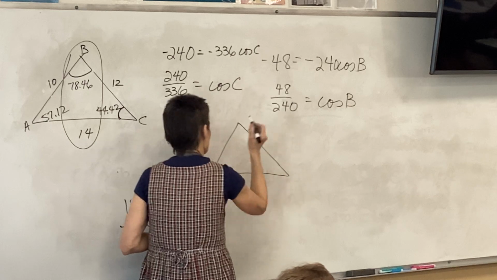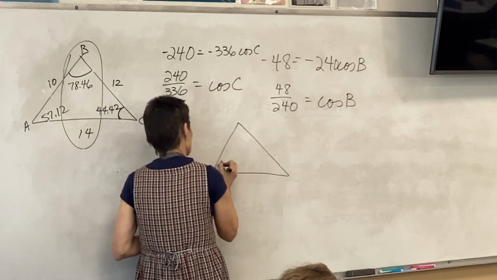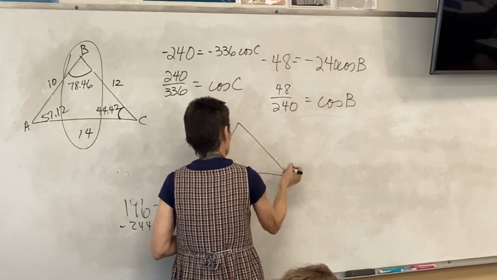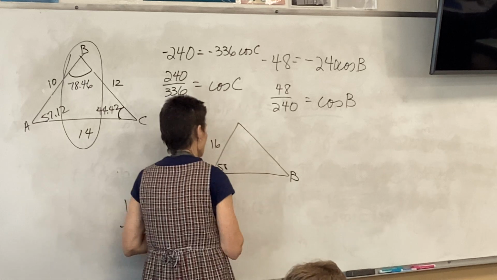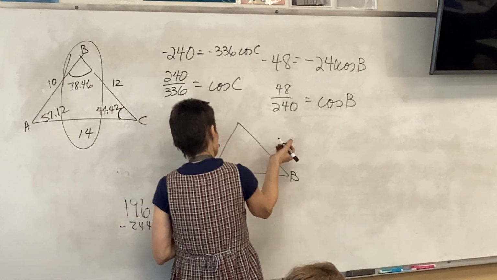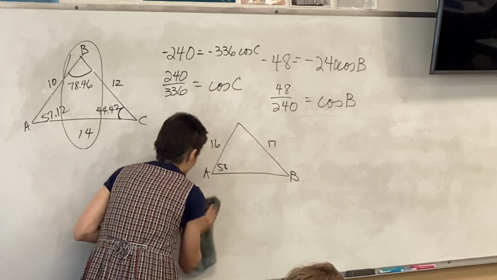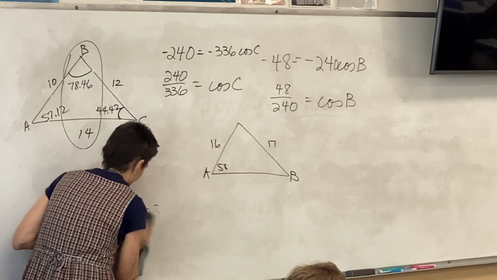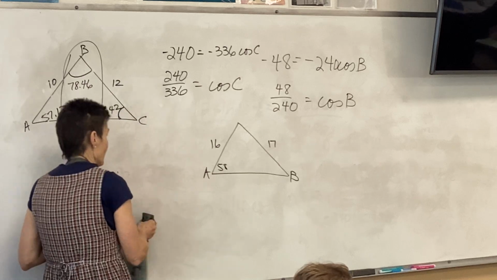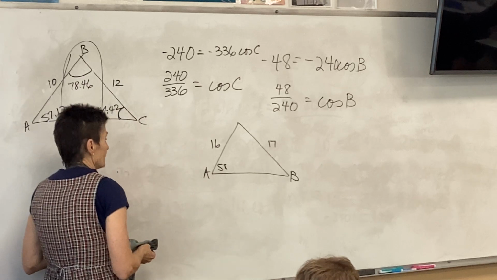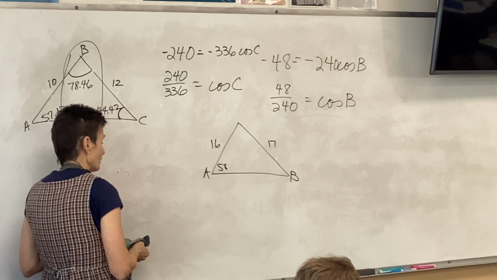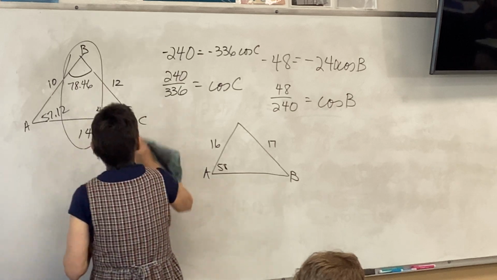All right, so how many triangles are possible? Let's say this is 58, this is 16, and this is 17. And directions say how many triangles are possible.